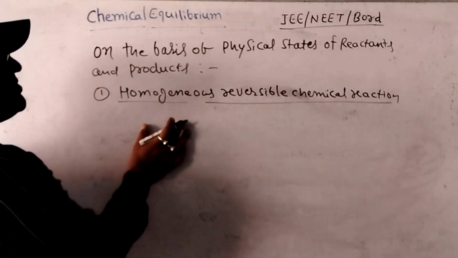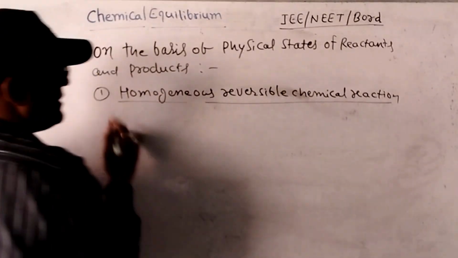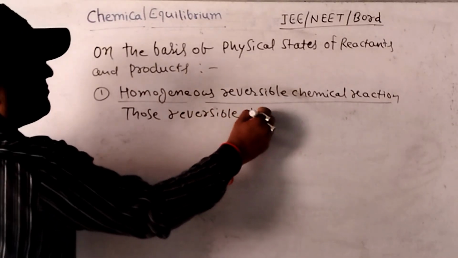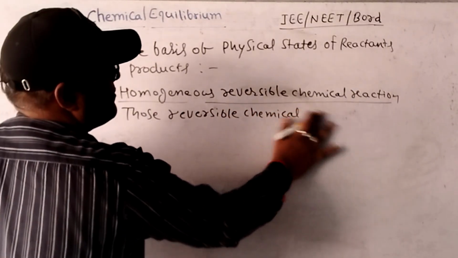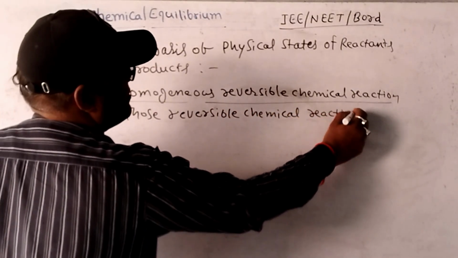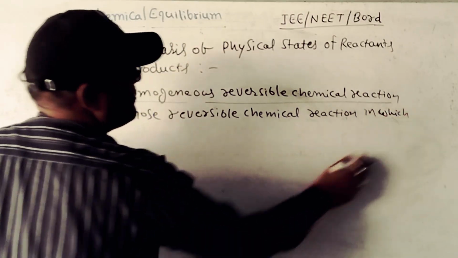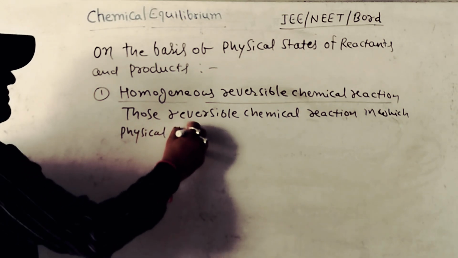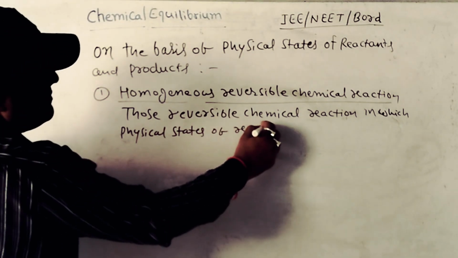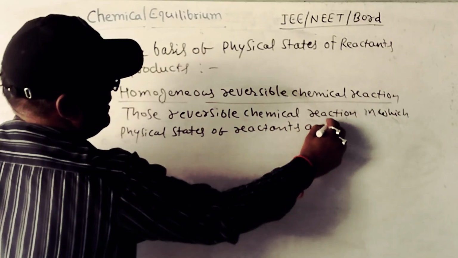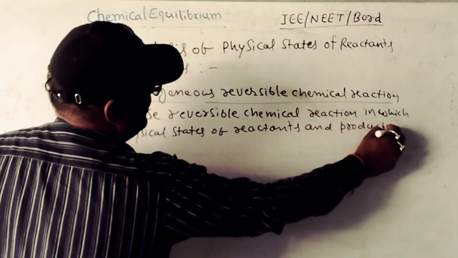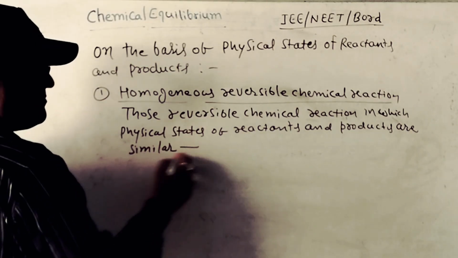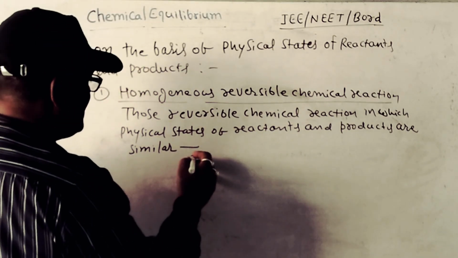According to homogeneous reversible chemical reactions, those reversible chemical reactions in which physical states of reactants and products are similar. Now with the help of example we can easily understand.